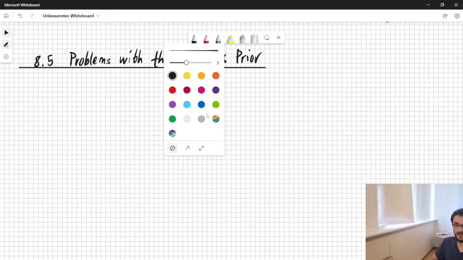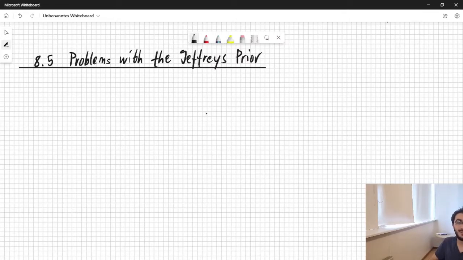Okay, so we've shown the calculation. Let's show one problem. The Jeffrey prior is fine, at least the textbook says it's fine. I don't actually know, but it's fine for the one-dimensional case. For the multidimensional case, it has several problems.